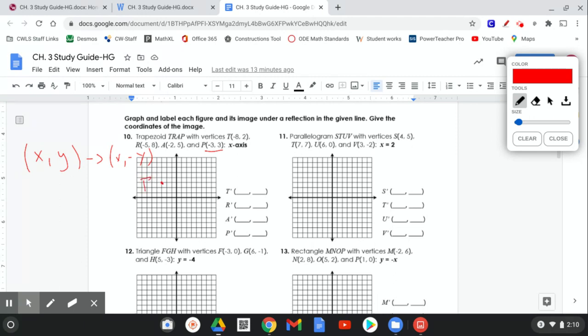If you're reflecting over the x-axis, we could just literally count down how many spaces. If you're having trouble, we could just count down, and that's 3 units. And then we could count down another 1, 2, 3 units and find the coordinate for P prime. Or we could just use the reflection rule.